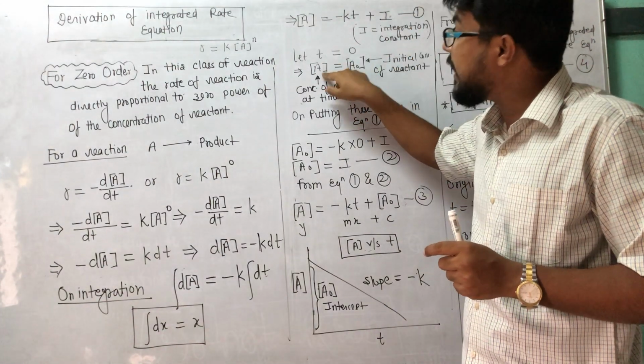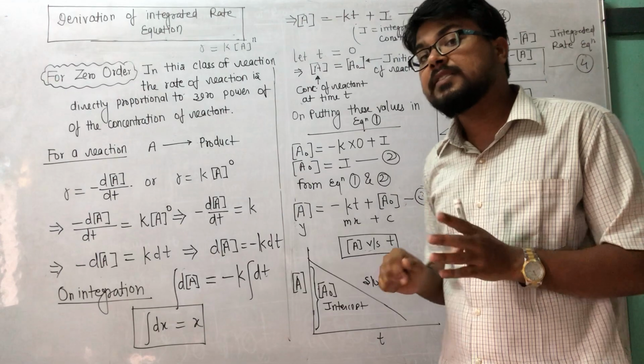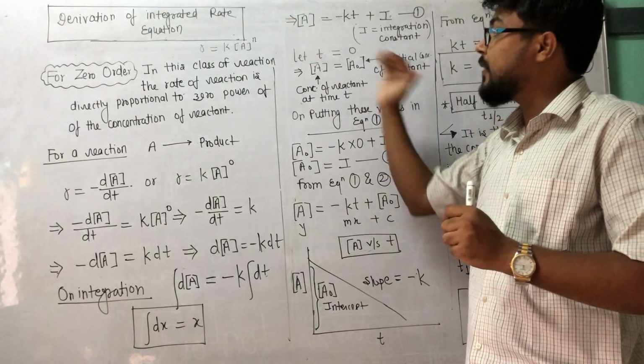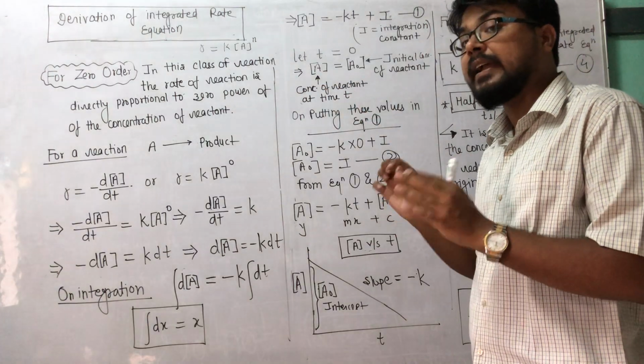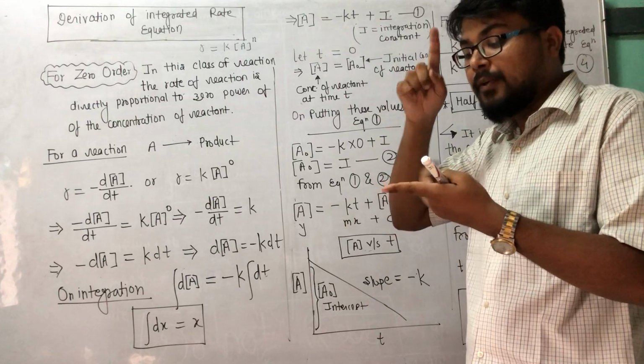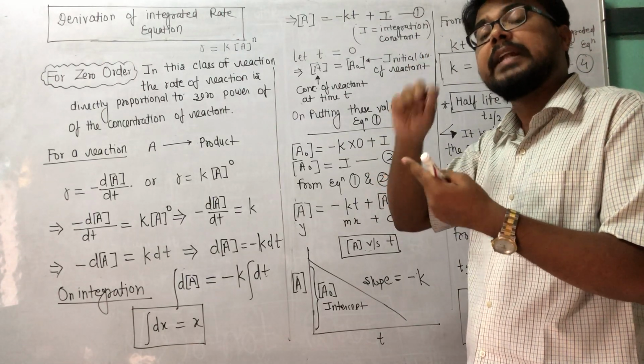Now A is a different term and A naught is a different term. A naught is the initial concentration of reactant, and A is the concentration of reactant at time t. It can't be 0; it can be at 1 second, 2 seconds, 1 minute, and till completion.